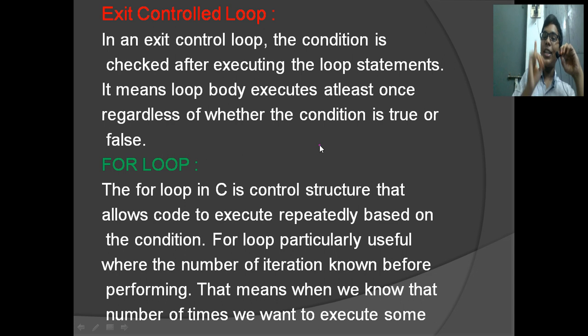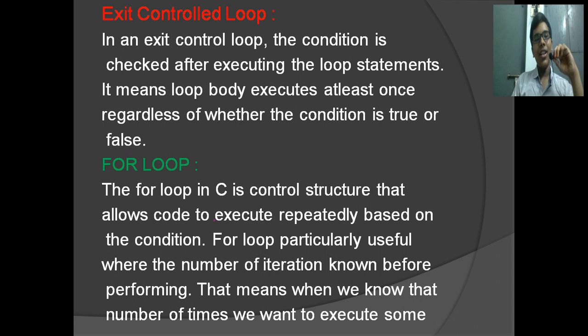It means that the loop statement will execute at least one time, even though we have given a wrong condition. Before terminating from the loop, it has already executed one time. So in an exit control loop we get at least one output.